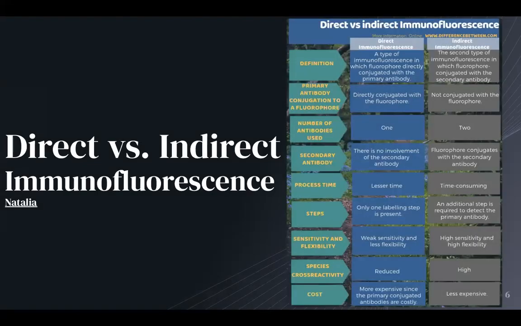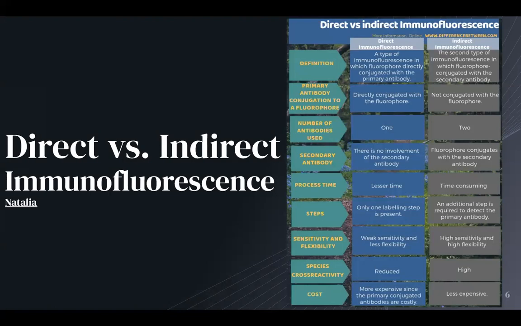So this is just a little picture table that we found, because there are two types of immunofluorescence, the direct versus the indirect. Just to differentiate them by their definition, direct means a type of immunofluorescence in which the fluorophore is directly conjugated with the primary antibody, versus indirect, the second type, in which the fluorophore is conjugated with the secondary antibody.